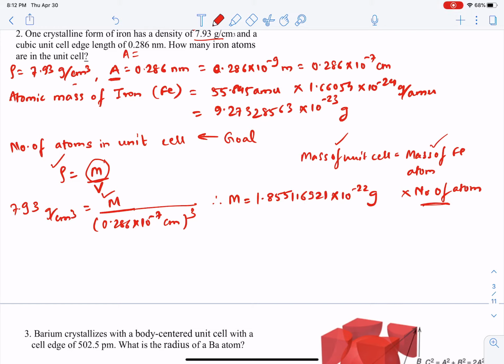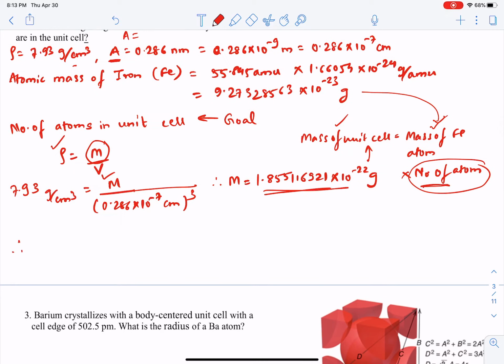Okay, now we will substitute this here, and we already know the mass of the iron atom, that's here, and now we can find the number of atoms. So substituting, 1.855116921 into 10 raised to minus 22 grams equals the mass of the iron atom, 9.27328563 into 10 raised to minus 23 grams, times the number of atoms.